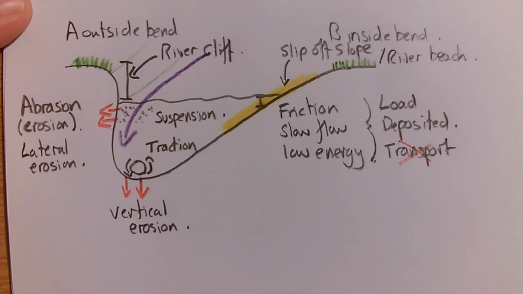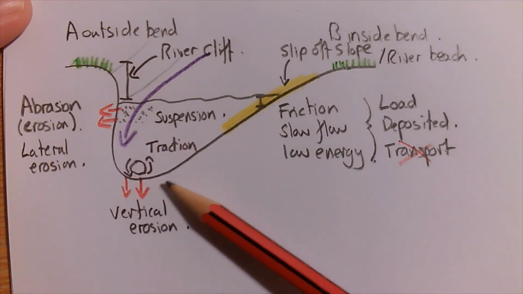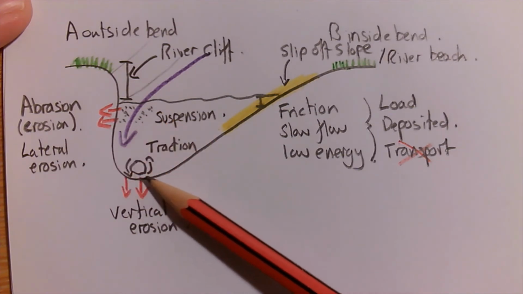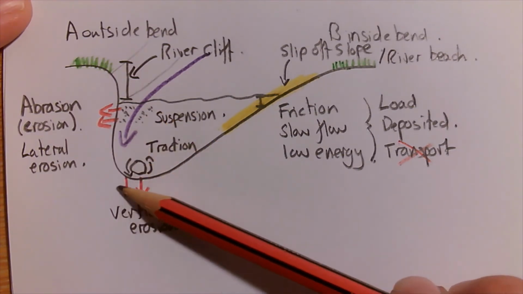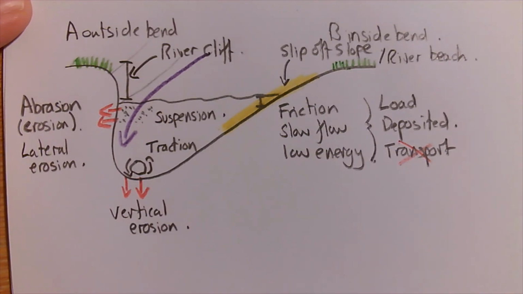So it's abrasion by the load carried in suspension in the river, and that is causing the lateral erosion of the riverbank, the sideways erosion. But also on the bed we have traction, the process of traction, rolling material and causing the bed to get deeper through the process of vertical erosion. So explain to me what's happening on the inside bend.